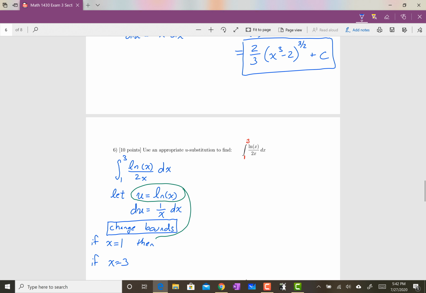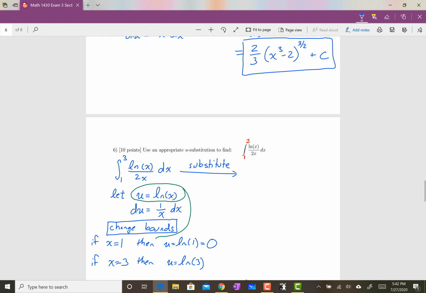So if x is 1, then u is going to be the natural log of 1. And actually, we know what the natural log of 1 is. It's 0. On the other hand, if x is 3, then u is going to be the natural log of 3. And unfortunately, that does not simplify. That's okay. So let's substitute.